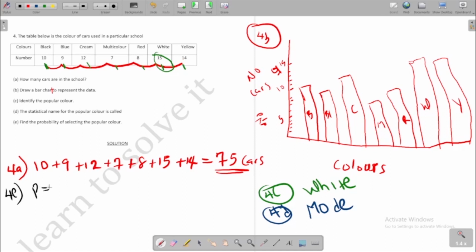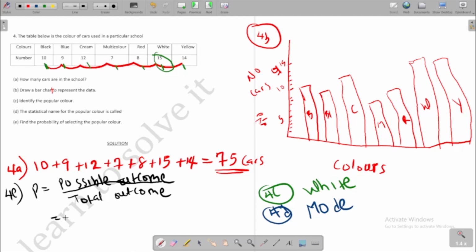Probability is said to be the possible outcome over the total outcome. The possible outcome of white is 15.